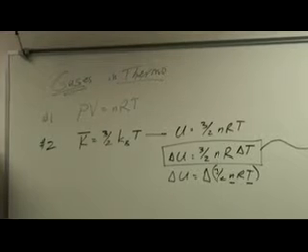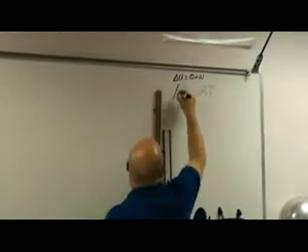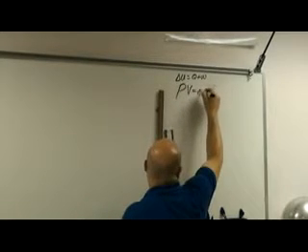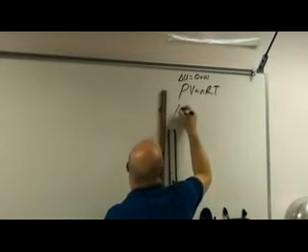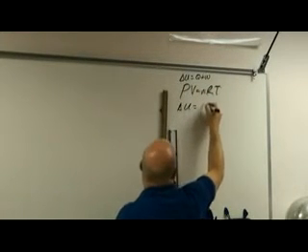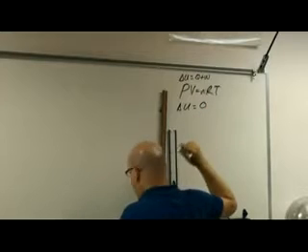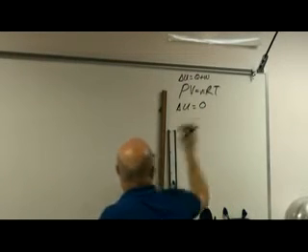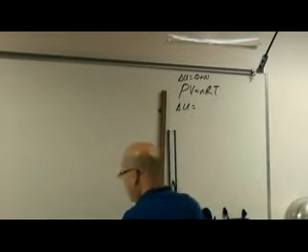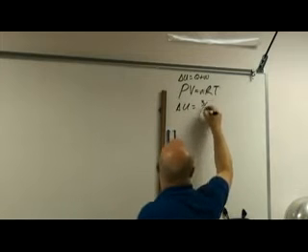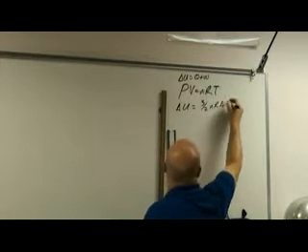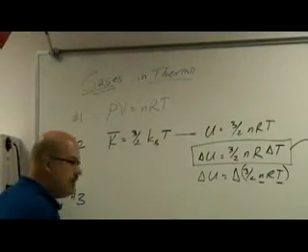We've got delta U equals Q plus W. We have PV equals nRT. And we have delta U equals 3/2 nR delta T. I started to write the same one over again. Okay.